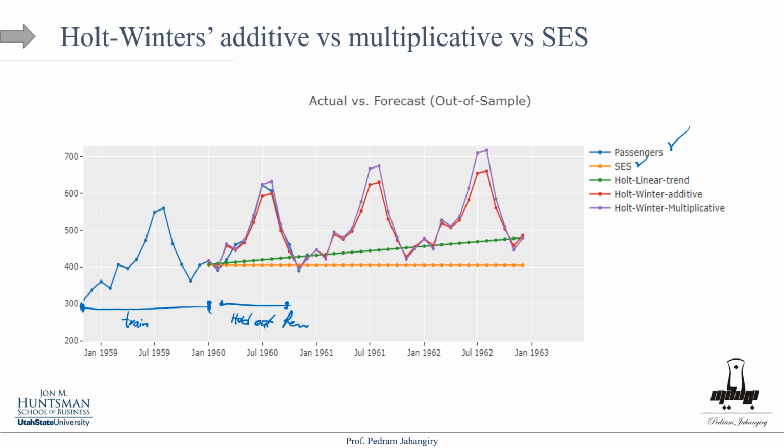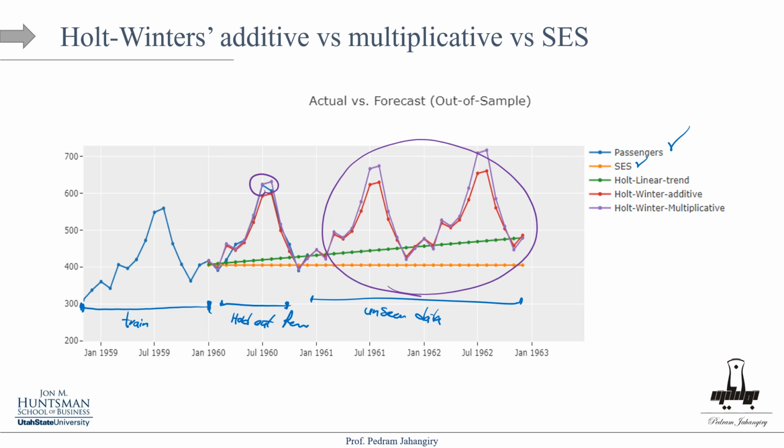And then the rest is going to be your unseen data. Okay, so this is the terminology we use in PyCaret, right? As you can see, our Holt-Winters multiplicative is the best one, because if you compare it with the blue line, these two are very good, right? And then the rest is just projections into the future. We cannot report any metrics because we don't know the actuals, right?